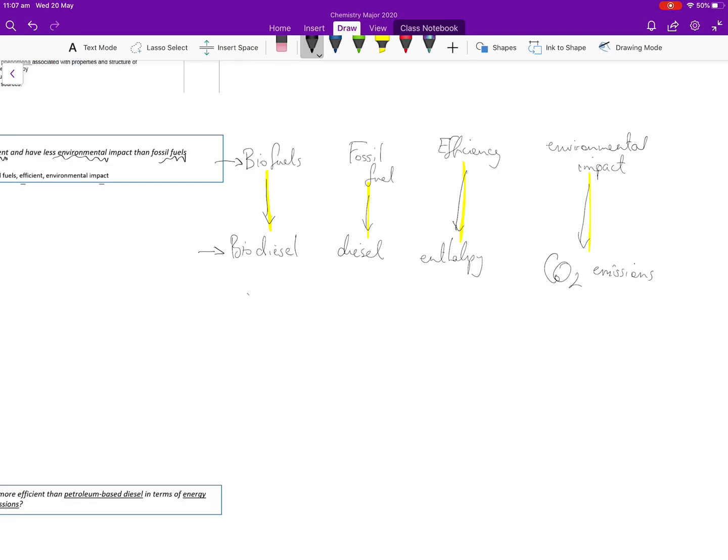In order to assess whether biodiesel is better than diesel, or is it more efficient than diesel? Enthalpy can be measured. Enthalpy is the energy content of the compound, and so on. And then you would get to the point where you're like, environmental impact can be measured in many ways. One important environmental impact is CO2 emissions.